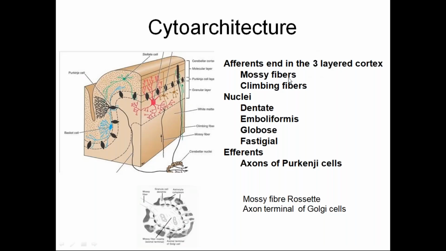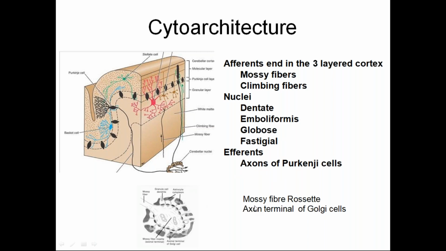So the afferents are the mossy and the climbing fibers, and the nuclei of the cerebellum are dentate, emboliformis, globosus, and fastigial. They are lying in the roof of the fourth ventricle, from lateral to medial. So dentate is the lateral most, then emboliformis, then globosus and fastigial.